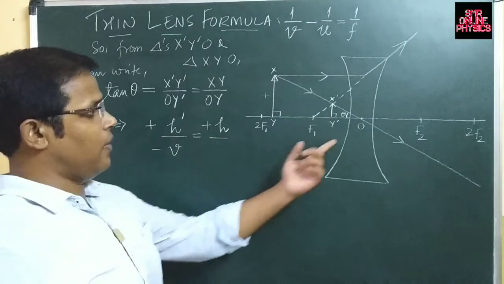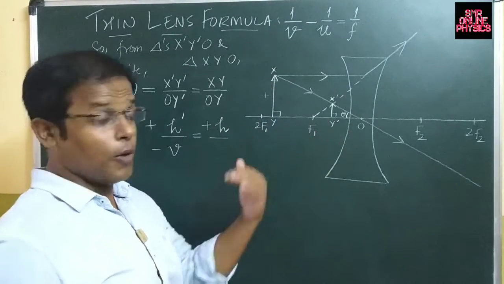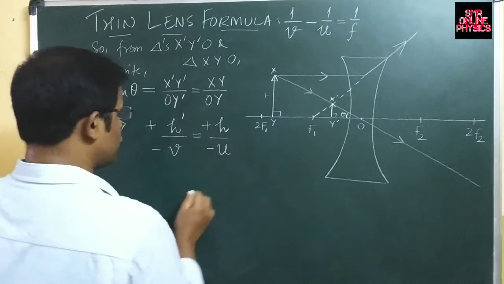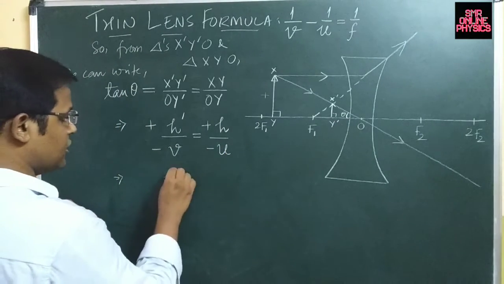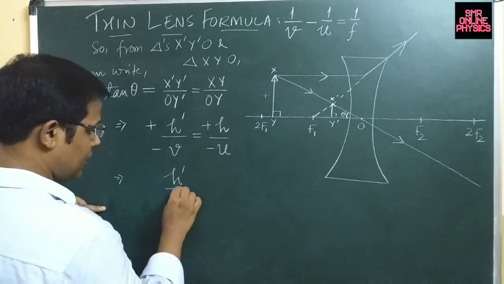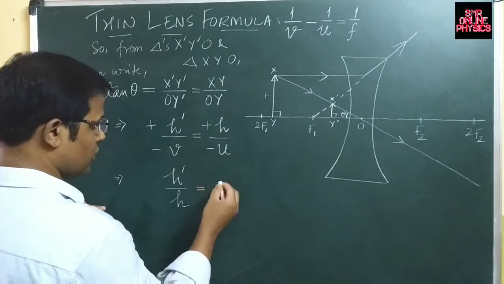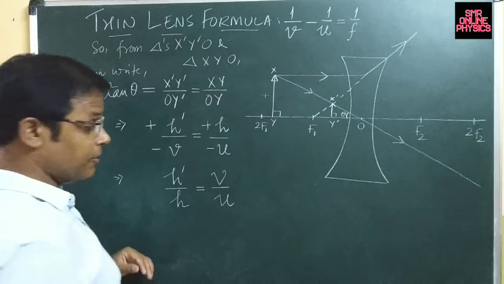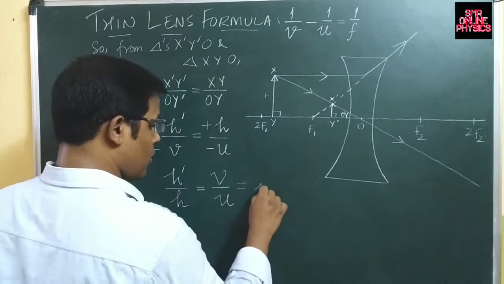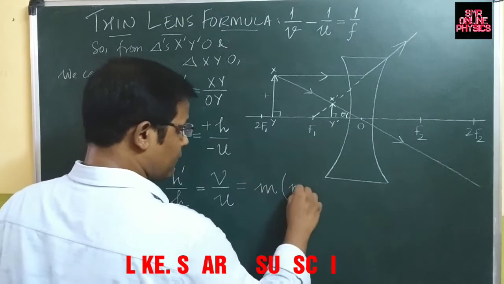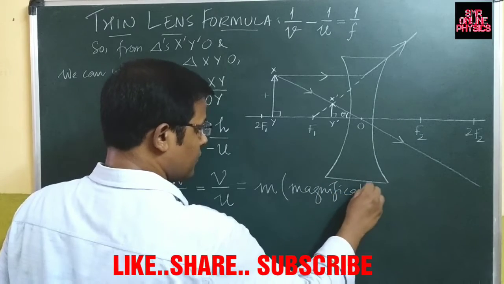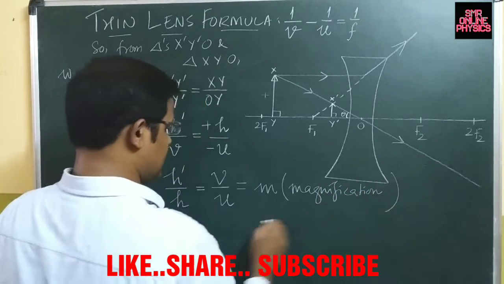And O y, this is your object distance to the left of the optical center, so minus u. A small rearrangement will give us the equation h dash by h is equal to v by u. This terminology represents small m, m standing for magnification achieved by thin spherical lenses.